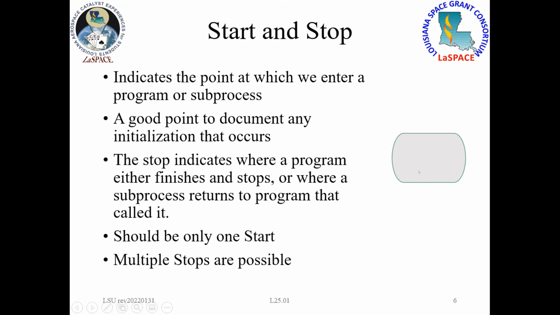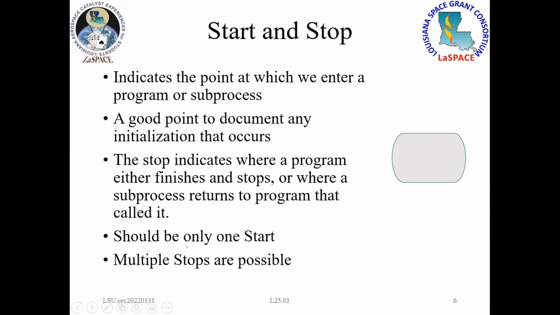What are the initial conditions that happen? And I also want to show what happens either when my program reaches an endpoint and it just stops, or if this is a sub-process, this would be the step where you return to the main process that had called this sub-process.